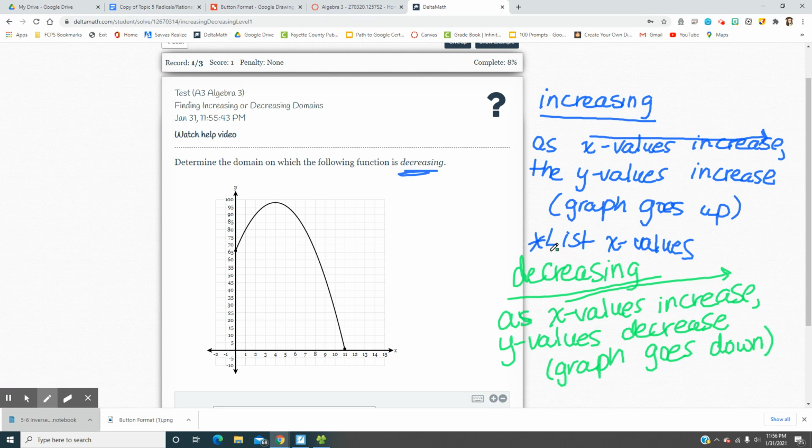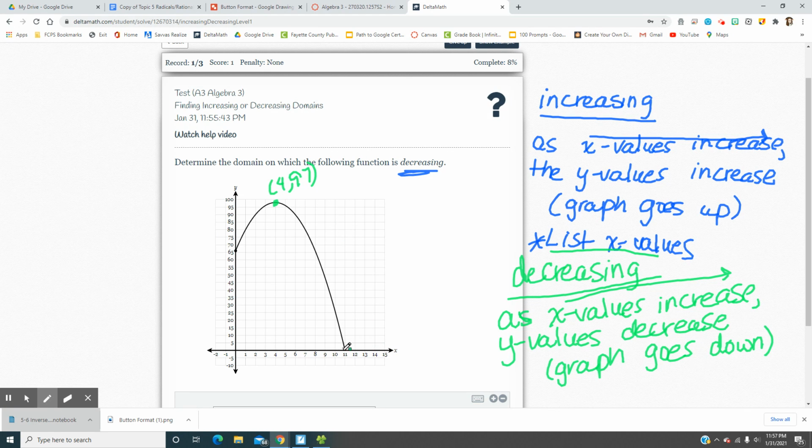And again, we're going to list x values for this as well. So hop on the left side of the graph, trace it, and I'm looking for where the graph goes down. So the pencil's going up, up, up, up, up, up, up, and then going down, down, down, down, down. So where does it change? Looks like it changes right here at the coordinate 4. That's hard to tell. I'm going to guess about 97.